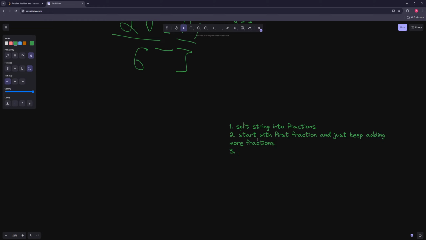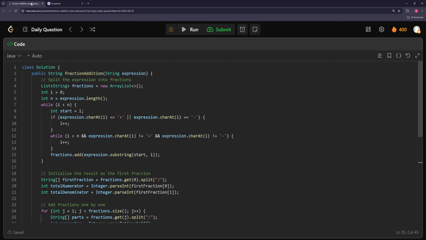And to do this, first get common divisor and multiply numerators correctly, and then add numerators, and then simplify. Okay, so let's take a look at the code.